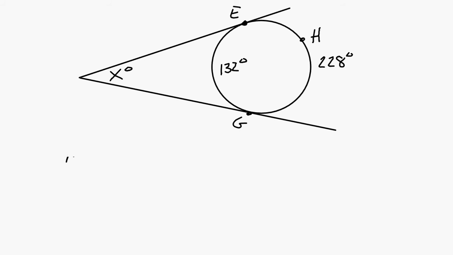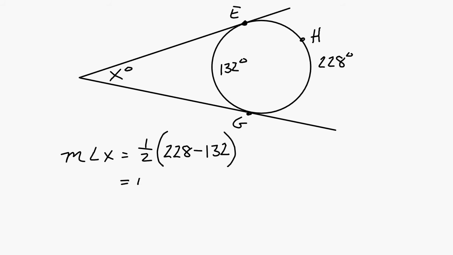So the measure of angle X is going to be equal to 1/2 times 228 minus 132. Anybody get 48 degrees? Good, 48 degrees.